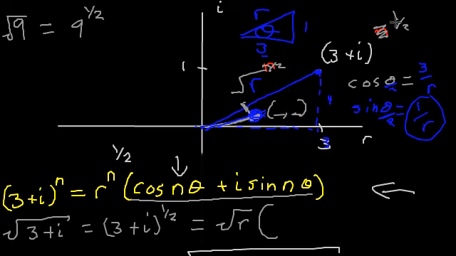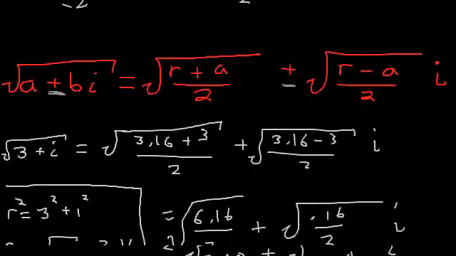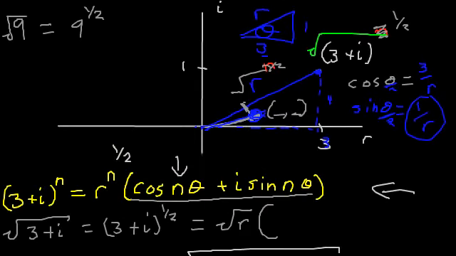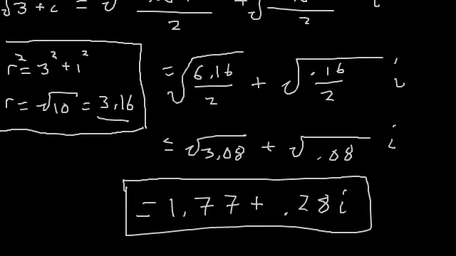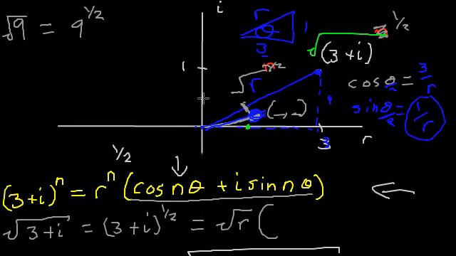So that means we go back to our graph up here. Okay, we have 3 plus i. I'll choose a different color. So 3 plus i, if we take its square root, we end up getting 1.77, which would be about there, and then 0.28, which is about there.